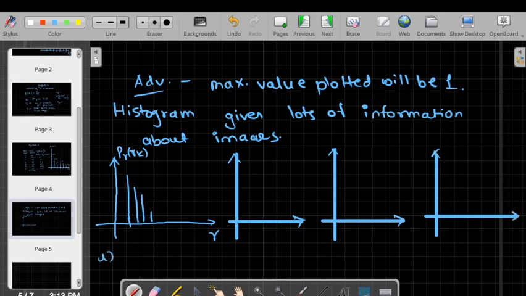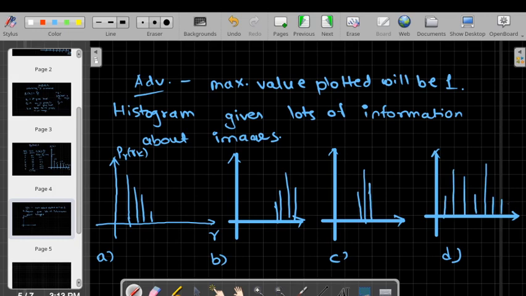So this is A, B, C and D. The second histogram is like this. The third histogram is like this and the fourth histogram is like this. So by only observing the histogram we can identify how our image looks.